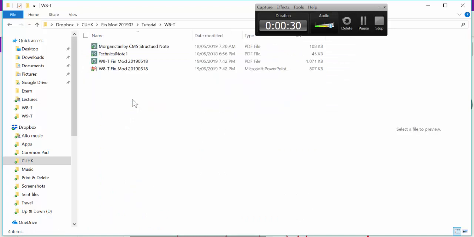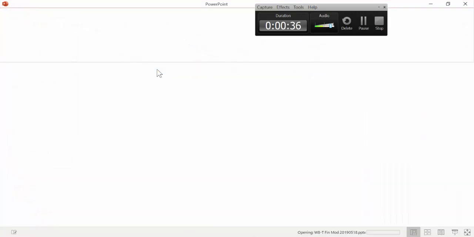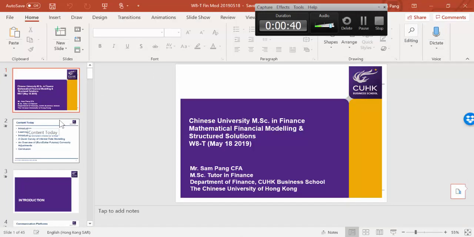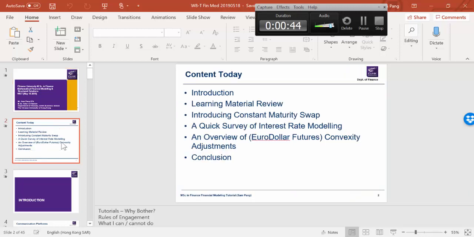And as you recall, I'm going to go to the slide deck of last week first. So we were on the topic of how you would try to model interest rate, and I showed you a couple of different approaches. These are what are sometimes called short rate models.